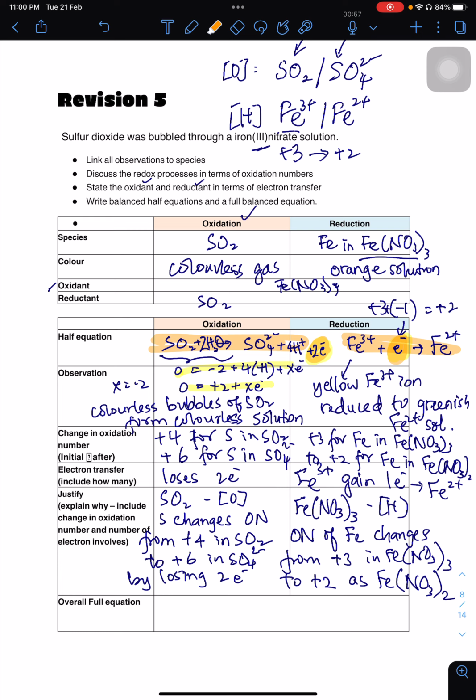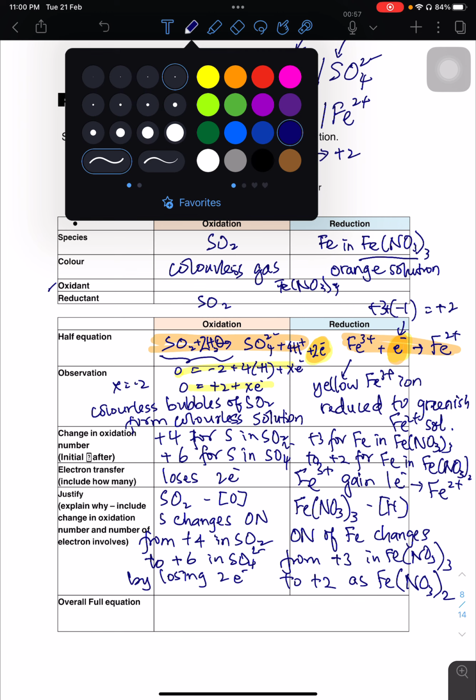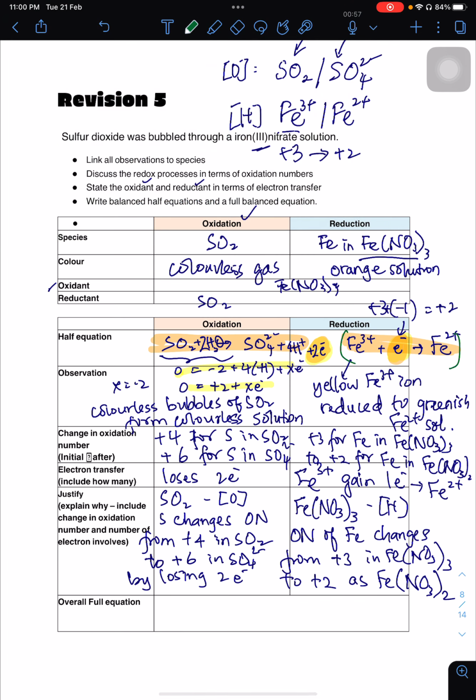However, every 1 mole of iron 3 ion can only gain 1 electron. So in other words, we will have to multiply 2 for the reduction half equation so that we have 2 more electron as the exact number as in oxidation half equation.